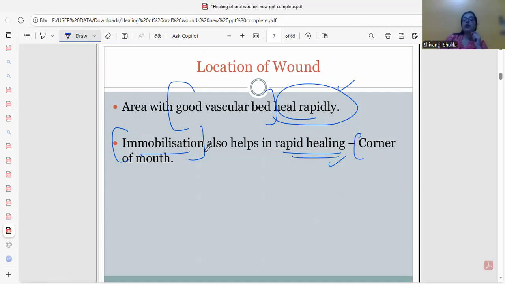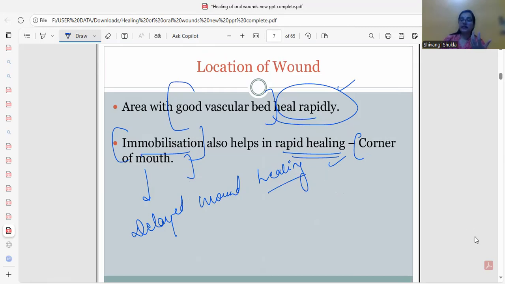For example, the corner of the mouth that shows delayed healing, क्योंकि हम बोल रहे हैं, हम खा रहे हैं, mobility is there at the corners of the mouth, that would result in the delayed wound healing. और वहीं पे कोई area अगर immobilized है, that would heal faster. So in a lot of cases, we try to immobilize the wound as much as possible so that the wound can be healed faster.